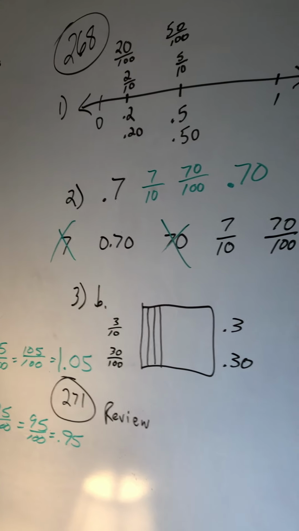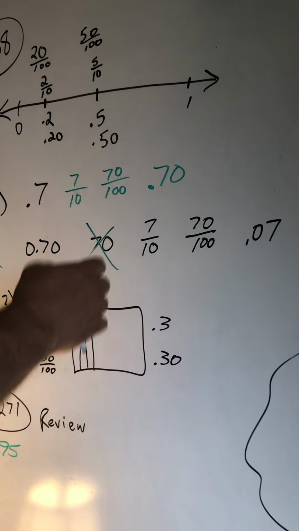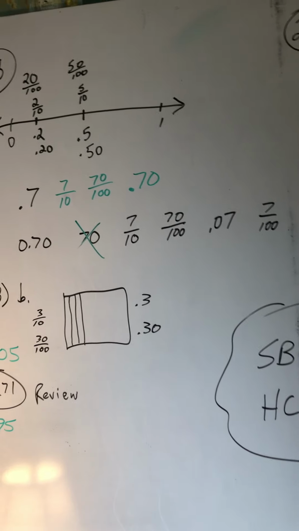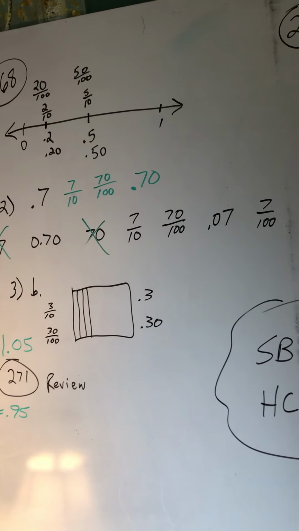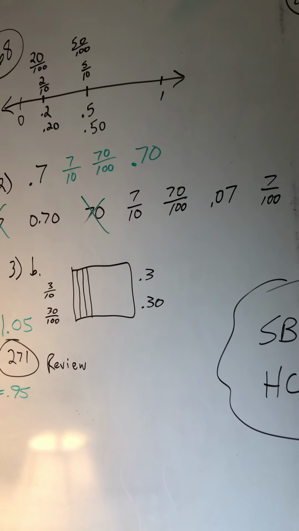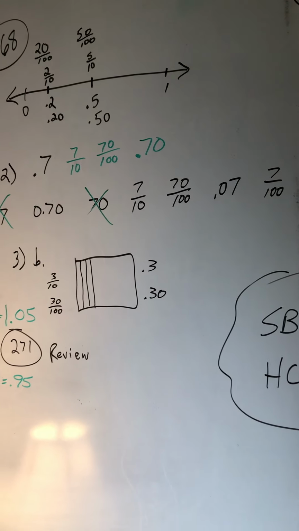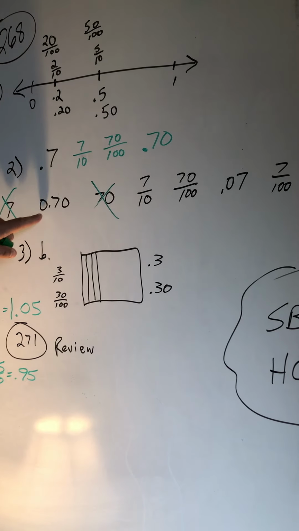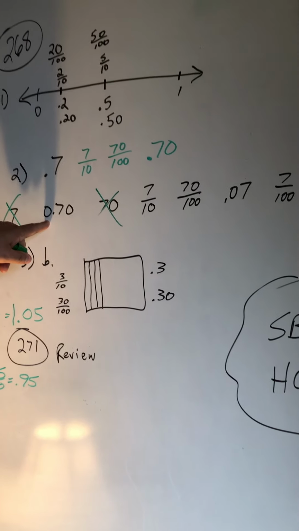It's less than 1. So now, out of these 5 left, what equals 7/10 or 70/100? Well, what'd you call this again? Oh, a placeholder?